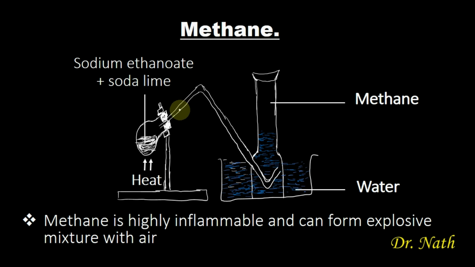As methane is produced, another compound is also produced, sodium carbonate. So don't forget that. So sodium carbonate is produced and methane is produced. So methane as a gas will just flow down this part of the setup and it will move up.